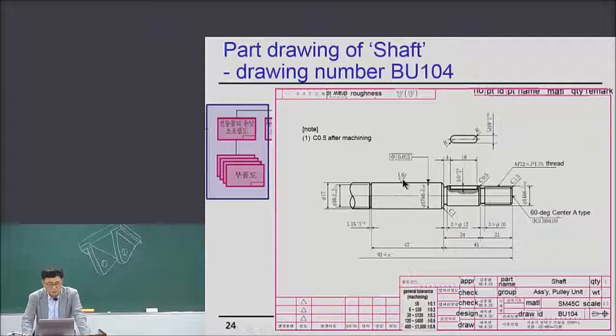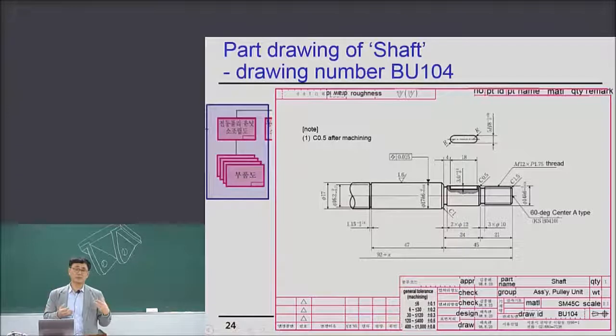So the other surfaces which are not designated as 1.6 must all be machined with the surface roughness of 6.3. So this part has no material surface. All material surface has to be removed.